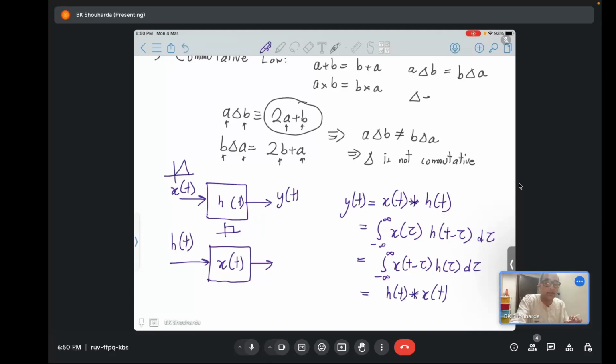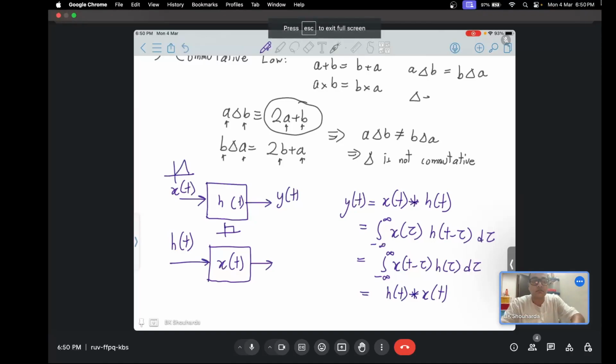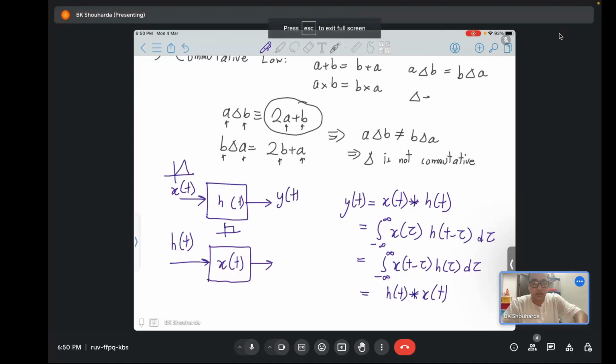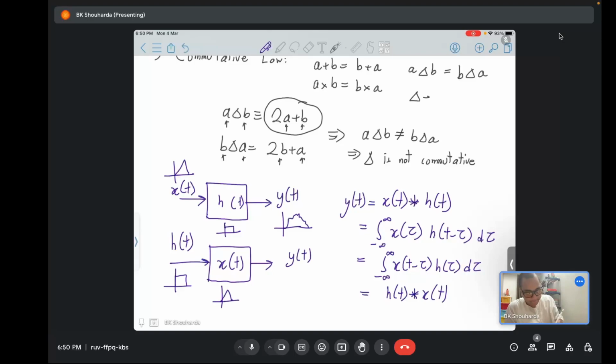I am changing the definitions for now. Now I apply the input h of t, which means I apply the input to a system whose impulse response is a triangle. I'll get some kind of a paraboloid, some output yt. In both these cases, my output will be the same.